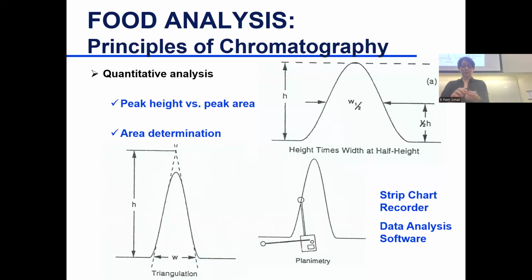And that used to be the way to do quantification, the weight rather than the area under the curve. But now, of course, we are living in luxury. We have very good data processing software that will just give you the area under the peak or the height or what you need for identification and quantification.